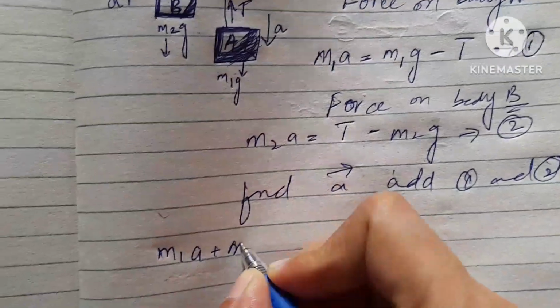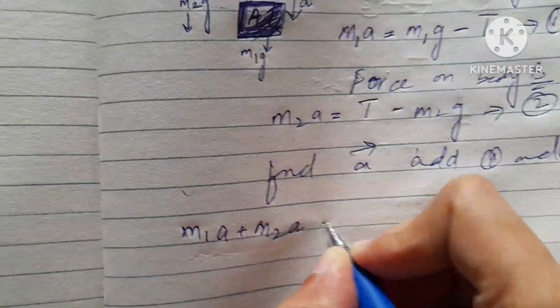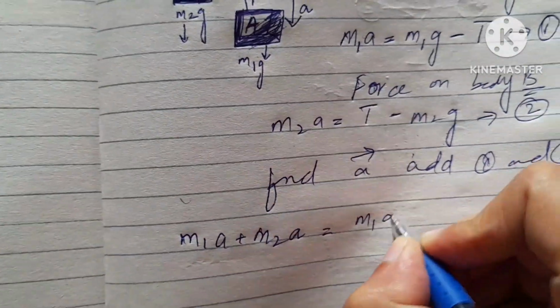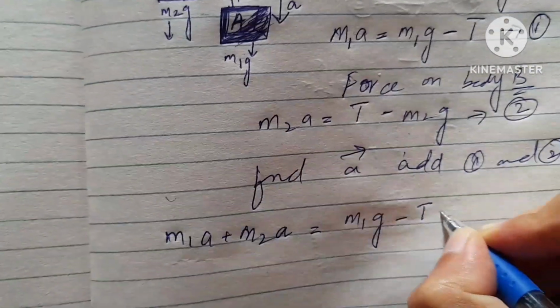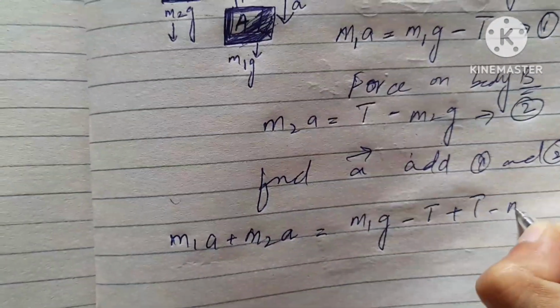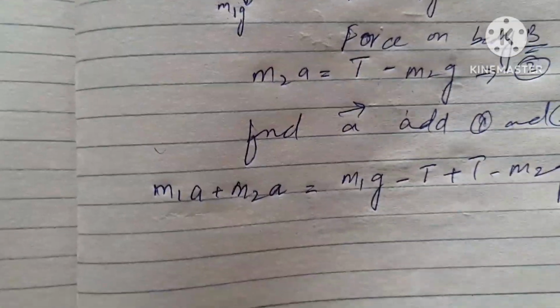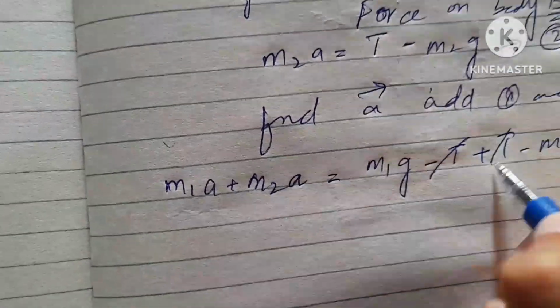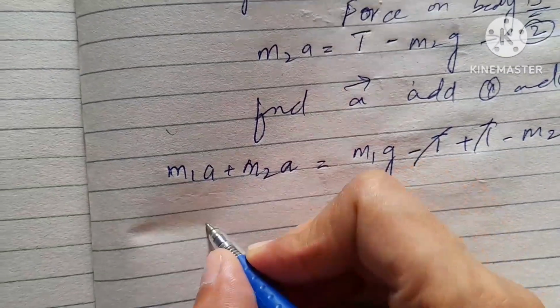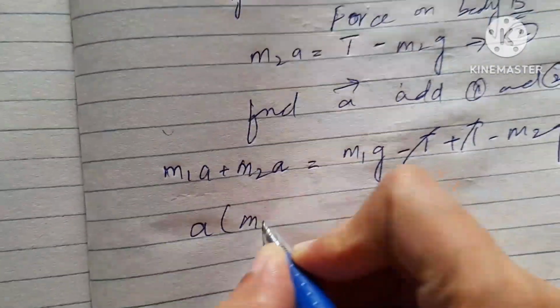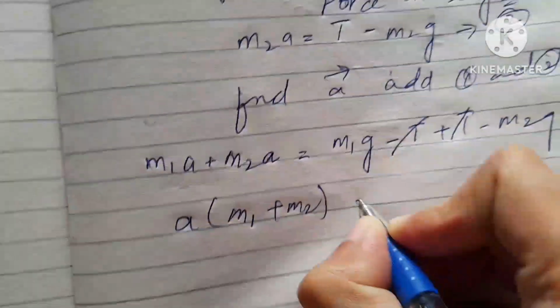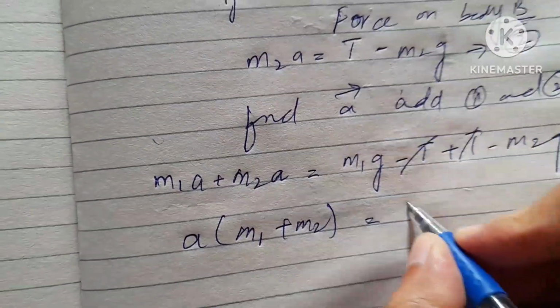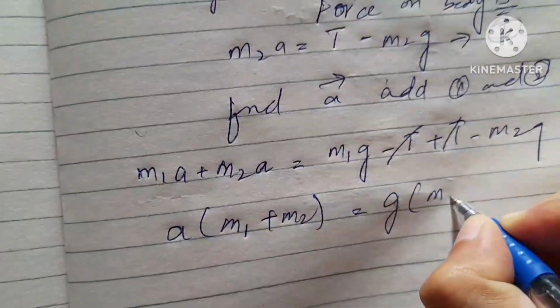m1a plus m2a is equal to m1g minus T plus T minus m2g. T cancels with T, and here we take a common, m1 plus m2, and from the right side we can take g common.